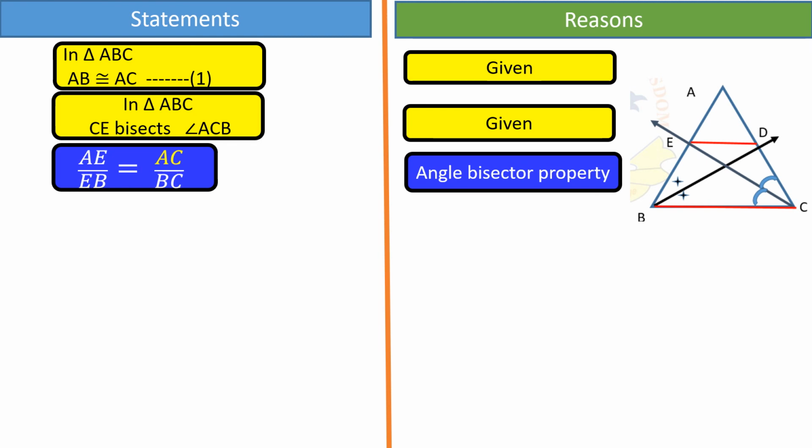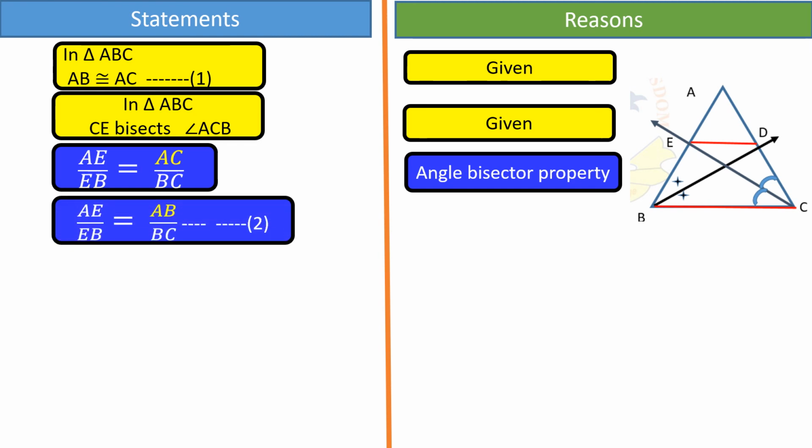Now since AC and AB are congruent, I can write AE upon EB is equal to AB upon BC. I have written AC in the first ratio in yellow color. In the second also AB is written in yellow color. Since they are equal, I have replaced AC by AB.